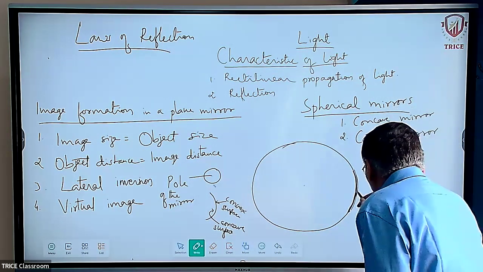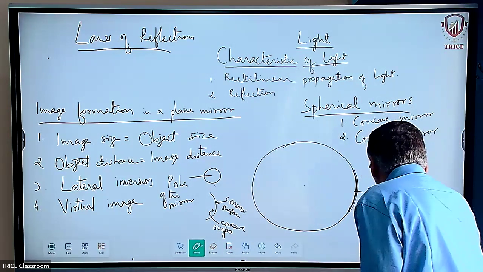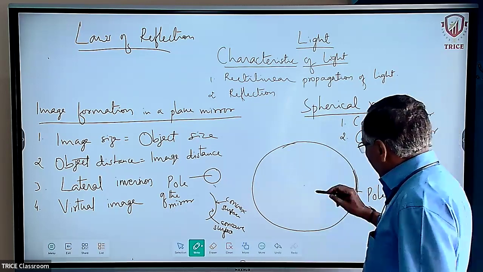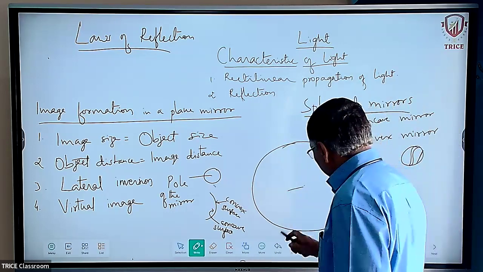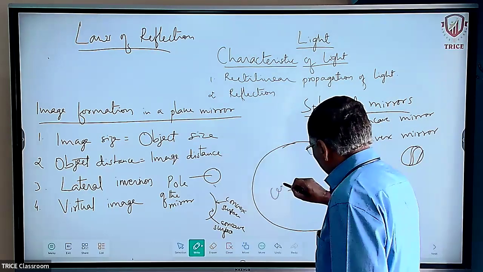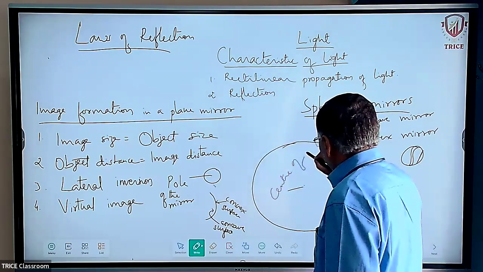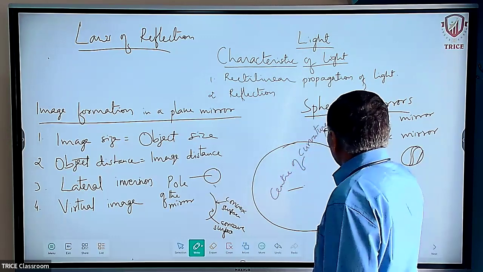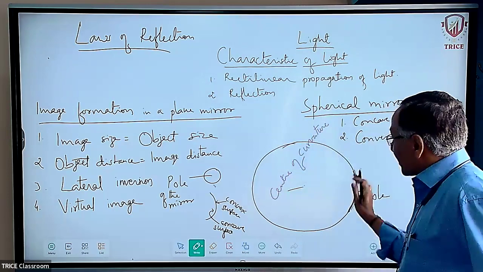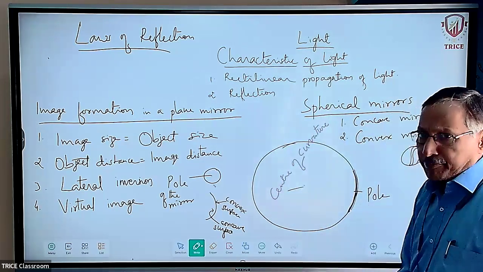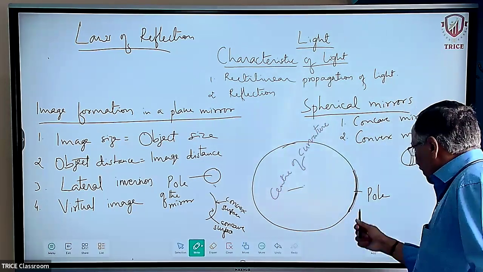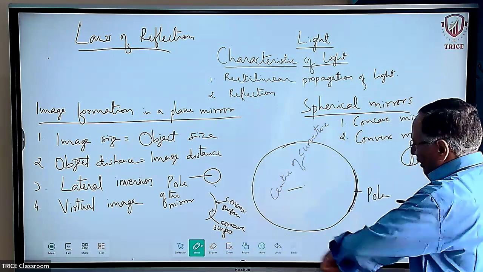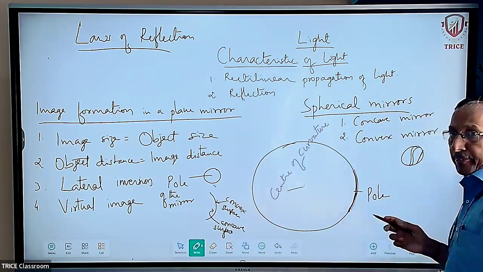The center of this part we call the pole, and the center of the sphere, this one, is called the center of curvature. Center of the whole sphere is called center of curvature, and center of the spherical mirror or spherical surface, which is a part of the sphere, is called pole.